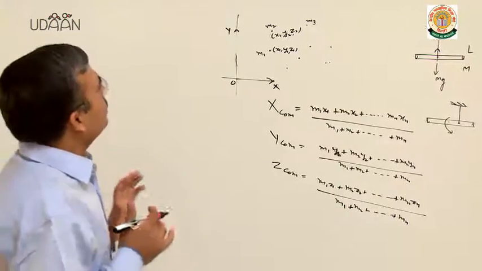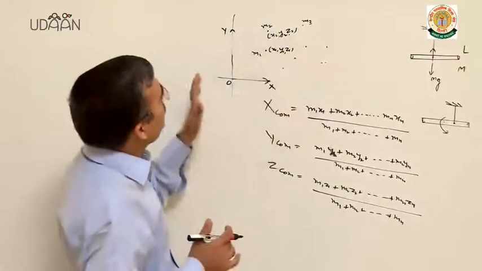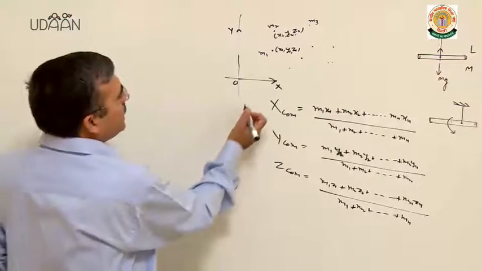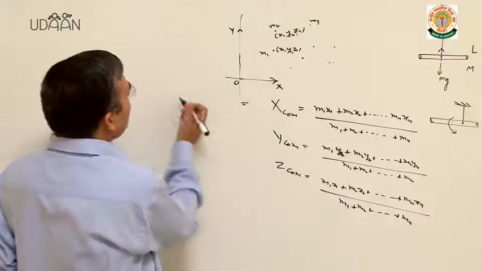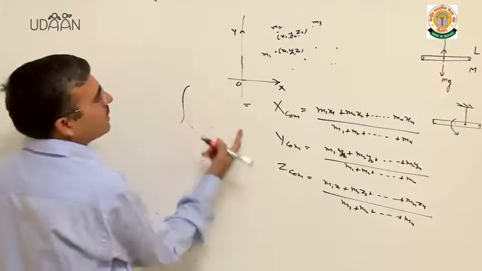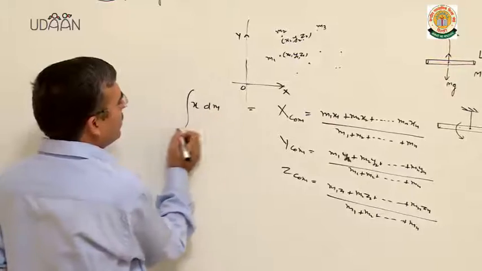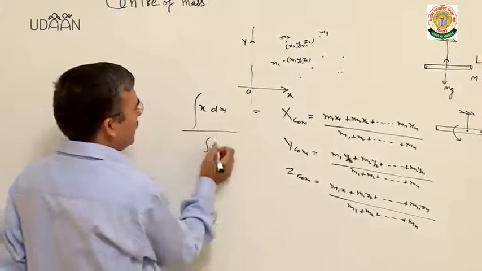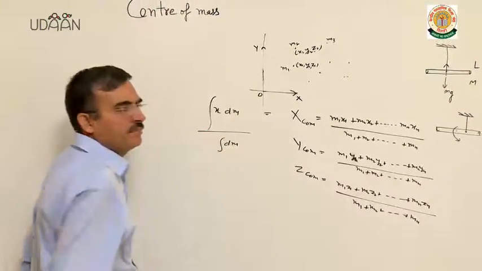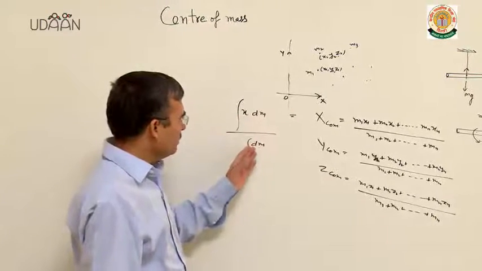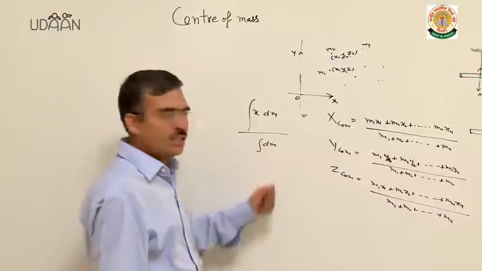If the body is continuous, like a rod, in that case x COM can be written as integration of x dm divided by integration of dm. Similarly, y COM is integration of y dm divided by integration of dm.